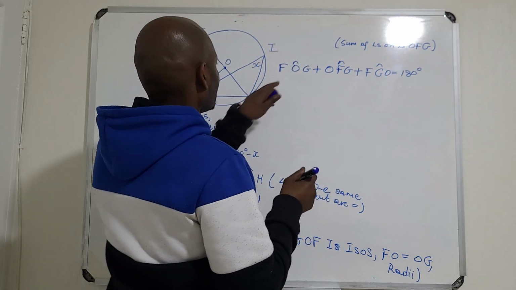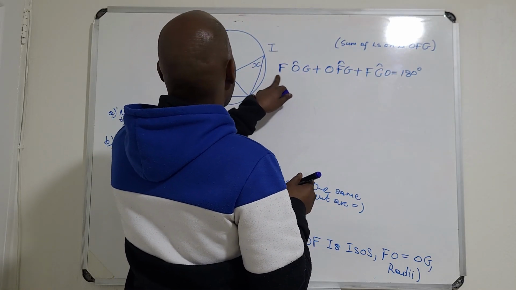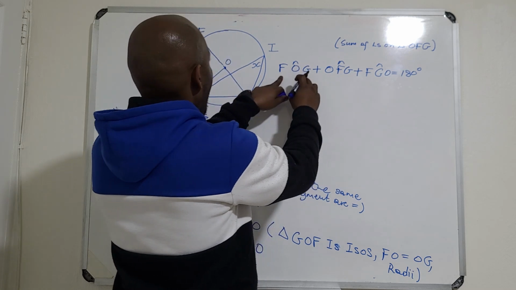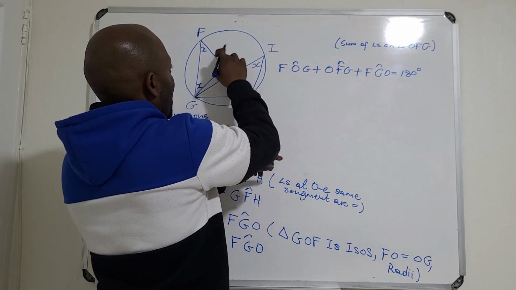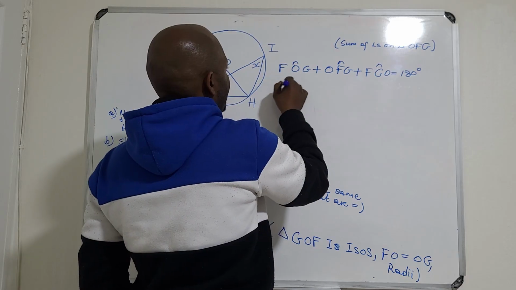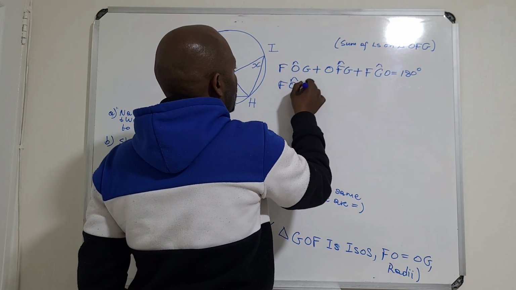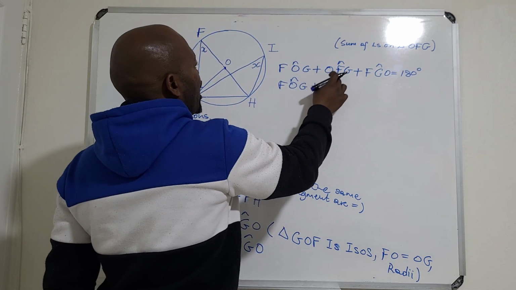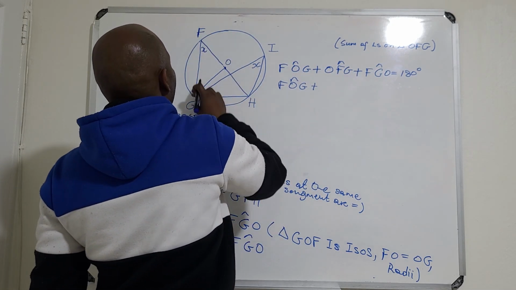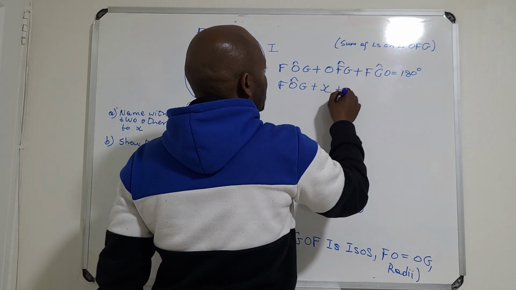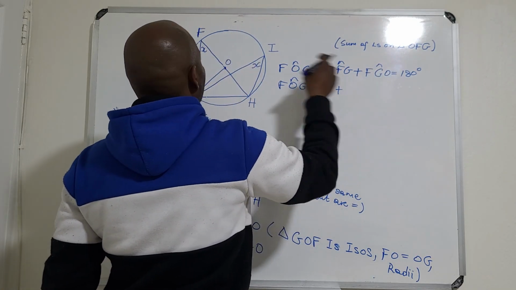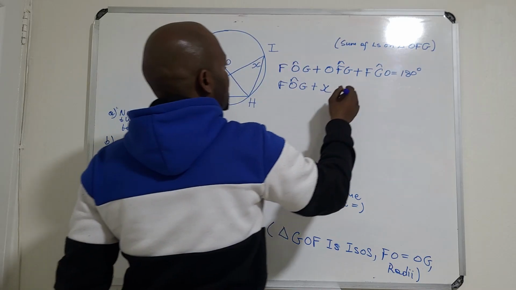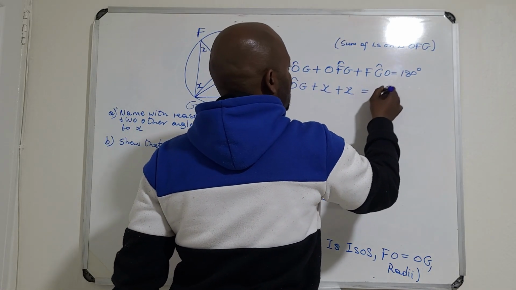Now, we are looking for angle FOG, which is this angle there. Angle FOG plus, we know angle OFG is x, plus angle FGO, it's another x there.